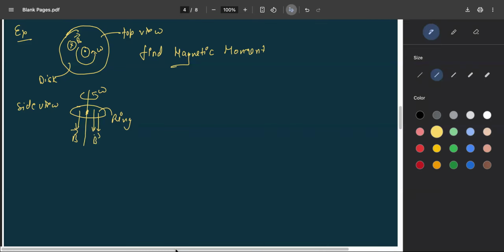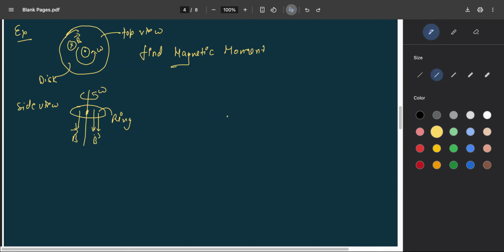Try it once and let me know the answer. I have decreased some load on you by calling it just a ring instead of a disk, because in the case of a disk, we have to take a small portion and then integrate from inside to outside.